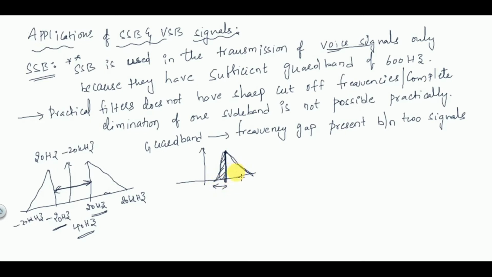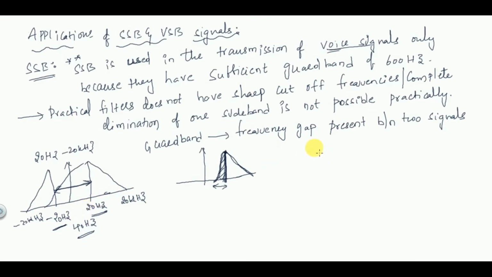Okay, so this is the spectrum of any practical filter. So sharp cutoff frequencies is not possible, so there should be some frequency gap present, so that the gain of the filter decreases gradually and becomes 0 eventually. Okay, so here the guard band is only 40 Hz, so even if it decreases, it may coincide with the next band because the frequency gap is very low.